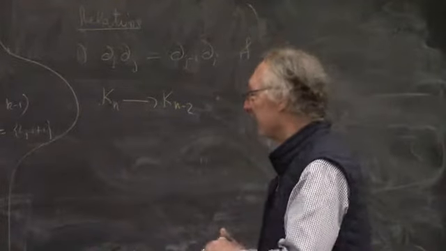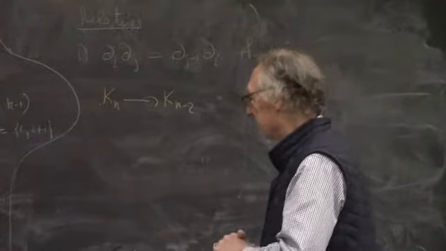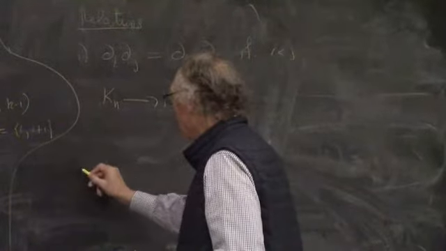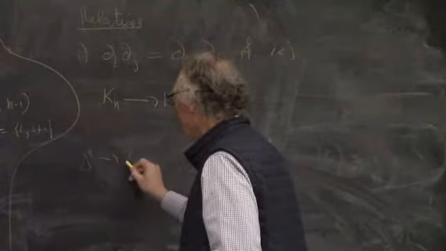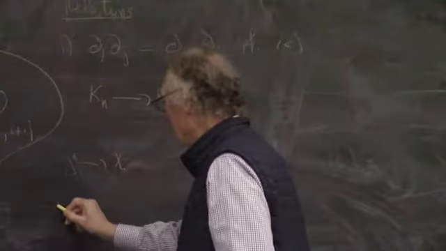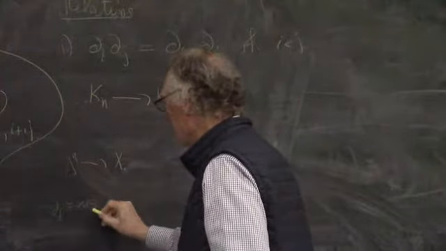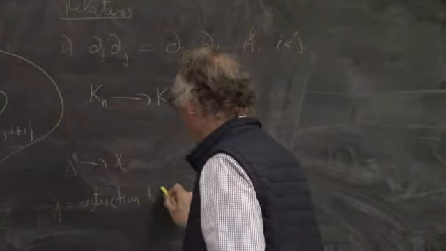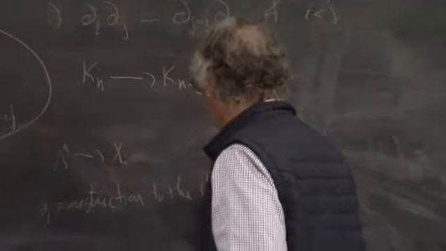So imagine that K_n is a set of maps from the n-simplex to X. And then boundary I is restriction to the ith face.